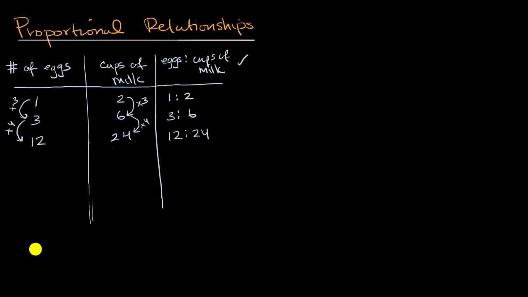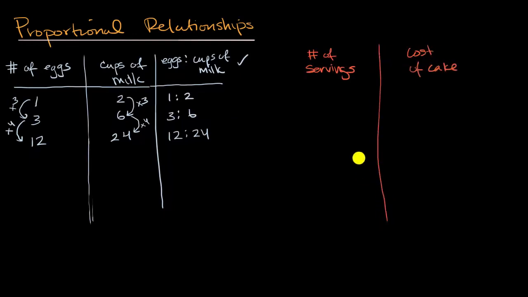So check. Now, what would be an example of a non-proportional relationship? Let's stay in this baked goods frame of mind. Let's say you're going to a cake store, and you're curious about how much it would cost to buy cake for different numbers of people. So let's say number of servings in one column, and then the cost of the cake in another.